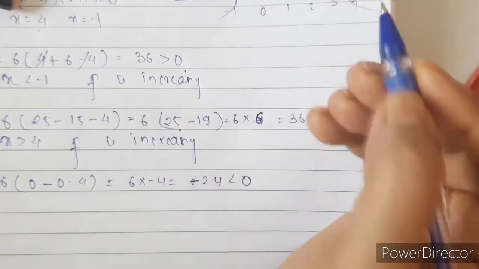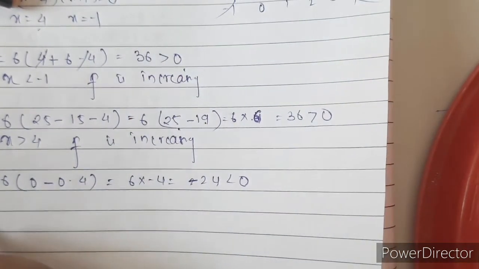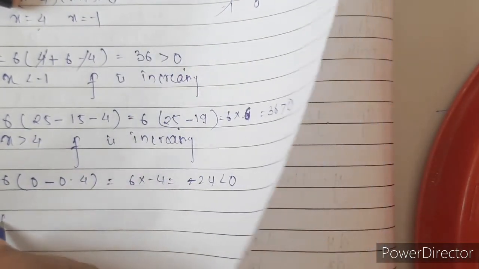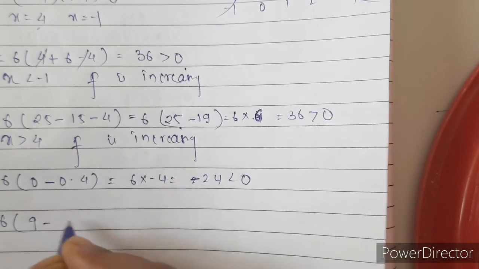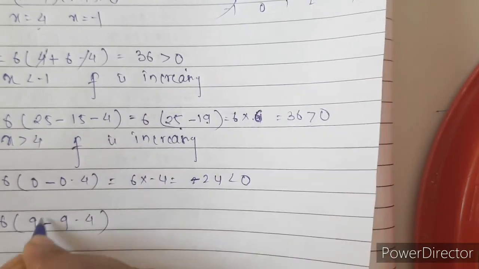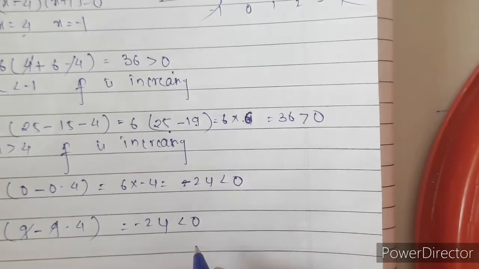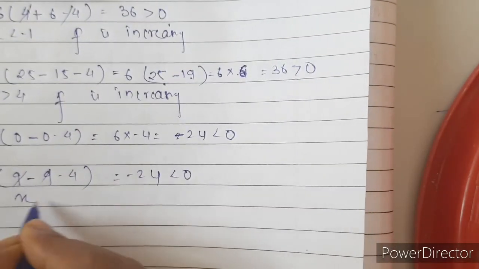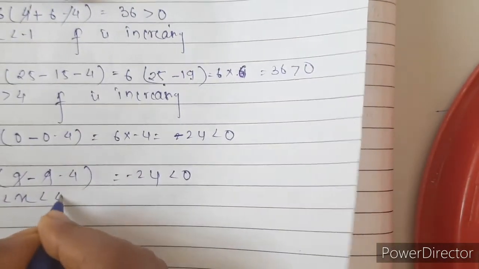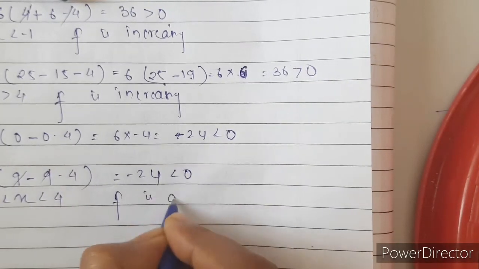Let me take another point, 3. Let me check for f dash of 3. This will be 6, 3 square is 9. This will be 9 minus 9 minus 4. Again this will get cancelled. So what we are getting is minus 24, which is less than 0. So for x in between minus 1 and 4, the function is decreasing.